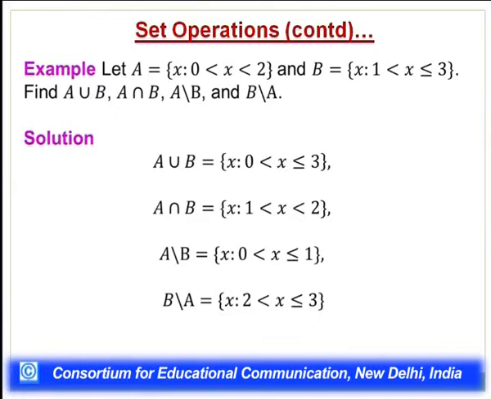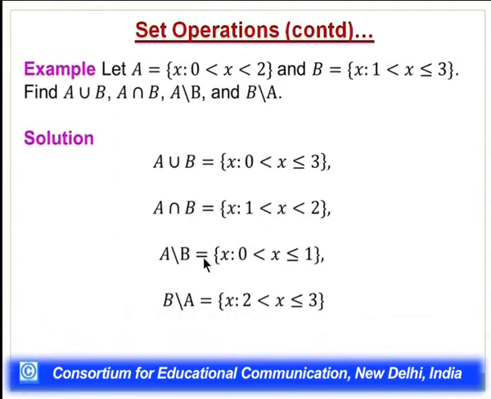So we have to take the union of 0 to 2 and 1 to 3, which is nothing but the interval from 0 to 3, but we will not include the endpoint 0 because that's not included in either one of these sets. Then the intersection of the two sets A and B would be the overlap, and as you can see here, between the 0 to 2 interval and 1 to 3, the overlap would fall in the open interval 1 to 2.